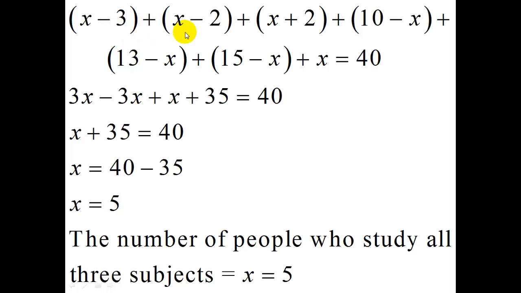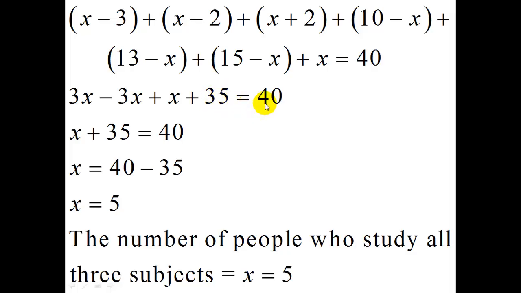So we have x plus x plus x, and that will give us 3x. Then we also have minus x minus x minus x, and that will give us minus 3x. Already we have plus x, and that is our plus x. Now minus 3 minus 2 is minus 5. And minus 5 plus 2 is minus 3. Minus 3 plus 10 is 7. 7 plus 13 is 20. And 20 plus 15 is 35.